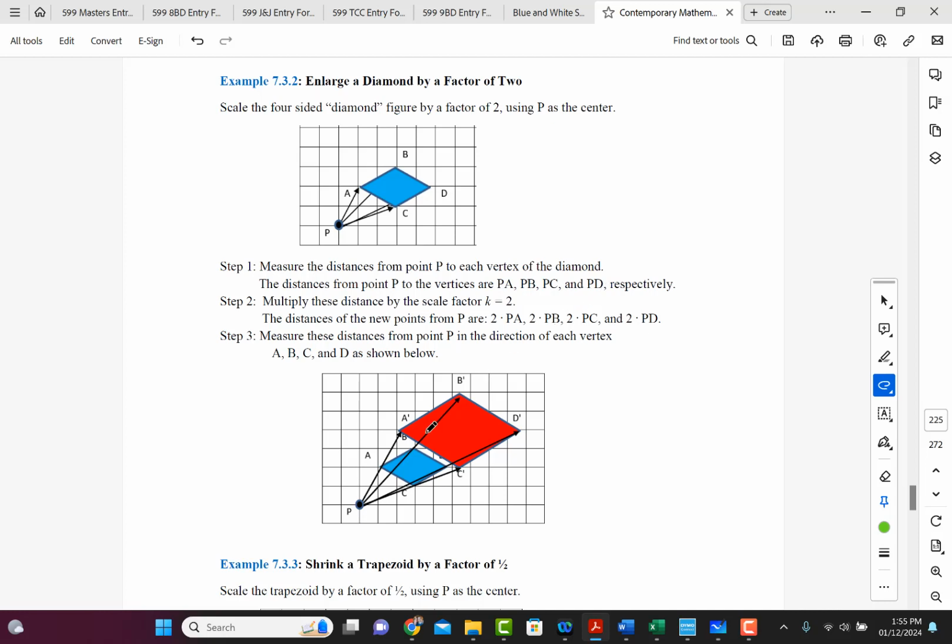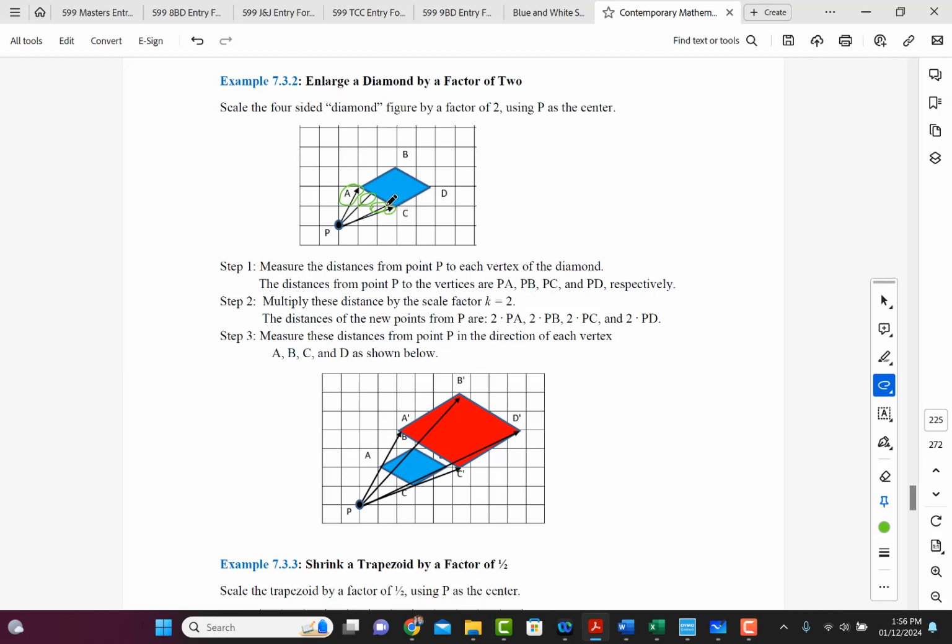And then what we're going to do is, in the same direction as each one of these arrows, let me just circle the arrows here. So we got this one, and then we got this one.